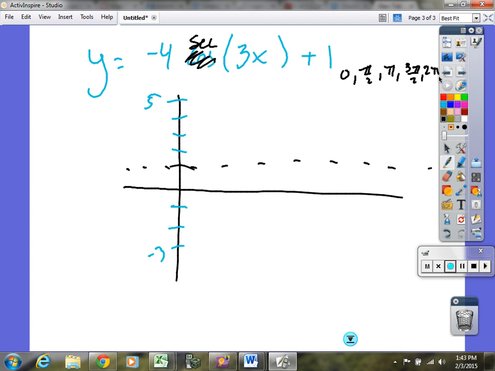What am I going to do to every single one of those? Multiply it by a third! Way to go, Hank! So I get 0, pi sixths, pi thirds, pi halves. In other words, we're going in increments of 30 degrees. And 2 pi thirds.